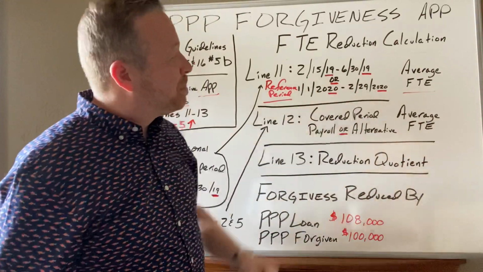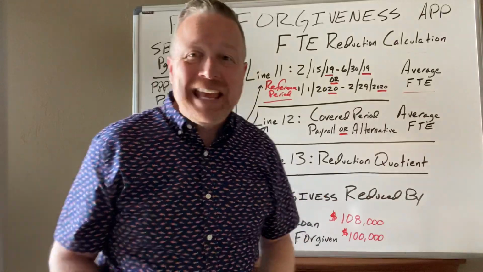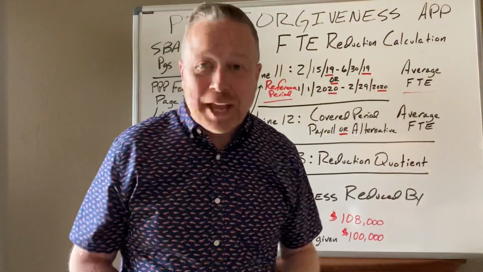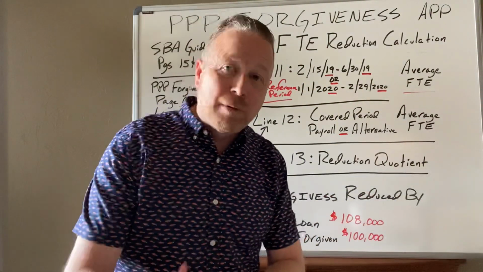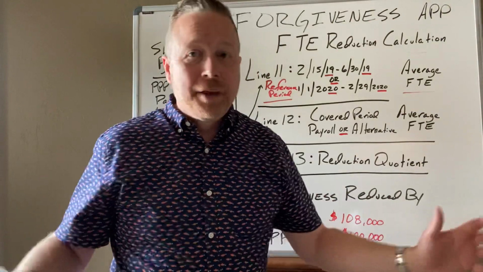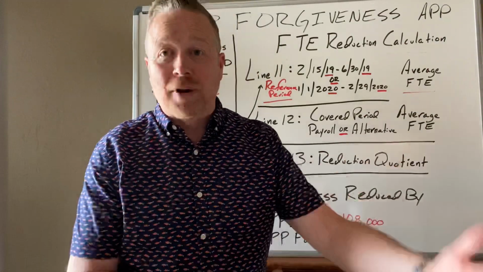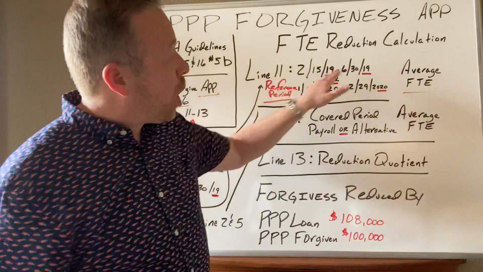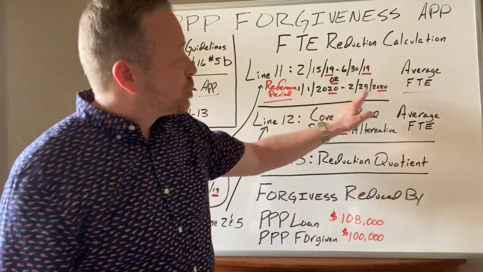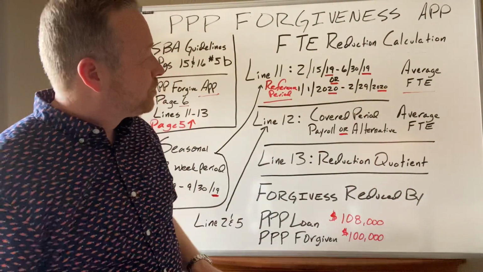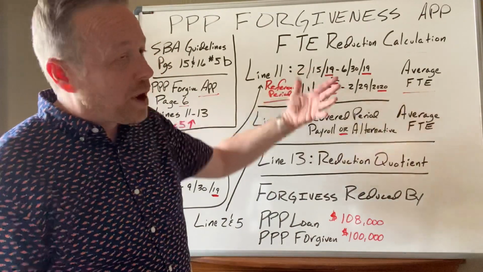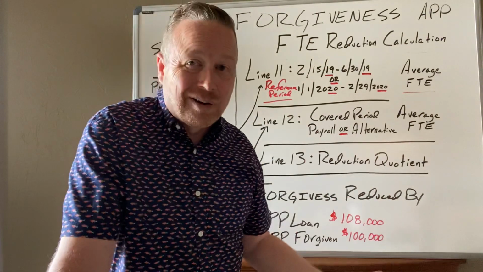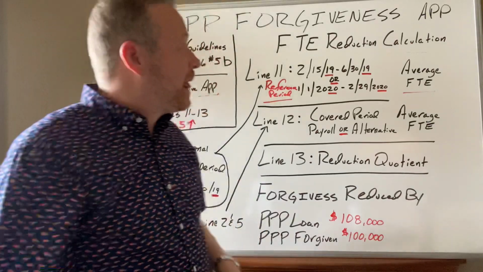This is a 2-month period. But the average FTEs are, during that period, you take all your employees, how many hours were worked, divide them by 40 to come up with your average FTE. So you have a longer period to come up with it and a shorter period to come up with it, but you're doing either or, and obviously you're gonna pick the one that's higher.